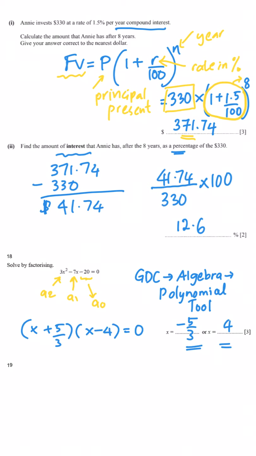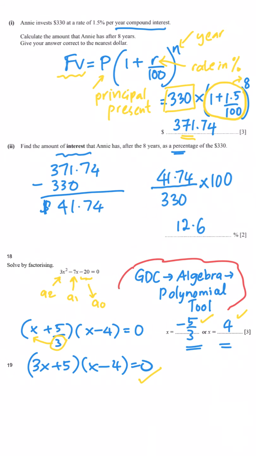We do not have a denominator when we factorize, so we put the 3 next to x. It's supposed to be 3x plus 5, and then x minus 4, equals 0. By writing all this, you get a mark for working and a mark for the correct answer. You're going to lose marks, or some mark schemes won't give any marks at all, if no working is shown.